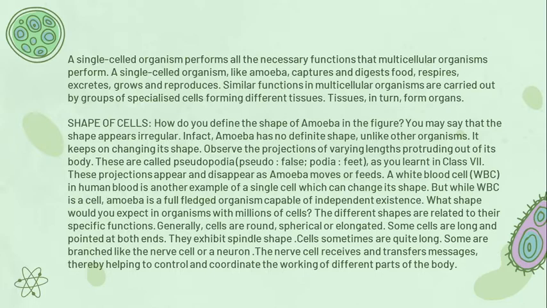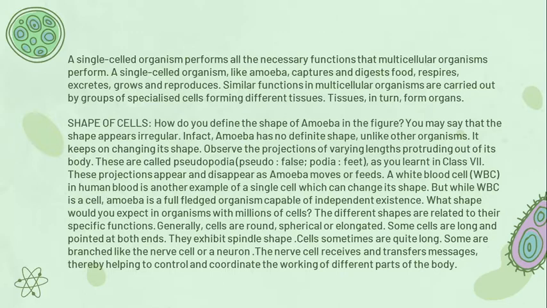It is also single-celled and it can perform every function that the multicellular organisms do. As we are multicellular organisms, we secrete, we digest our food, we respire, we grow, we reproduce. Amoeba also does the same functions, as it's a single cell.